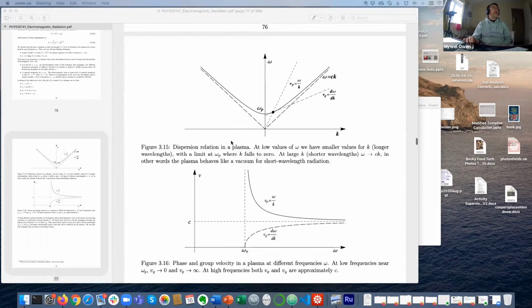So the first time you see these dispersion relations, which are also known as dispersion curves, they can be a little tricky. So I'm just going to go through this one more time. Figures 3.15 and 3.16 are meant to show different ways of looking at this dispersion relation. Now, a dispersion relation, just to remind you, is the relationship between omega and k.